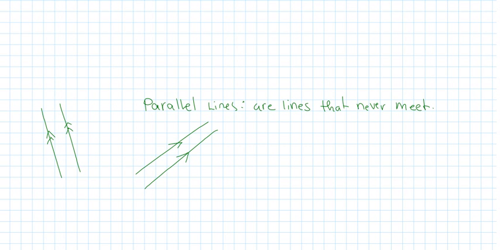Now, sometimes two lines that are overlapping are also considered parallel lines, but they have a special kind of equation, so we're not going to talk too much about these.